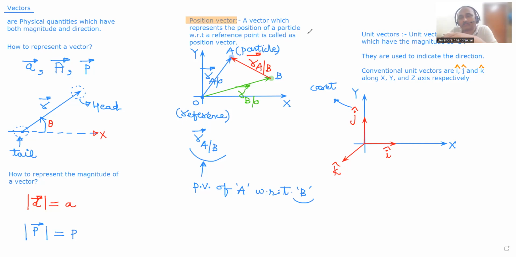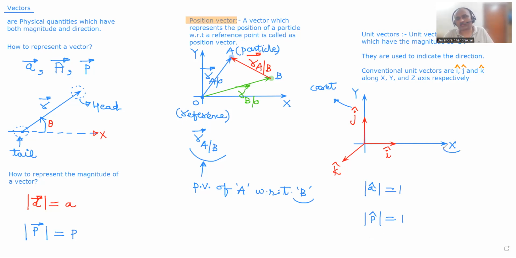Now, what happens is this has a unique identity that whenever we put this caret sign in I or J or K or any symbol, right? That means that it is a unit vector. For example, if I put it above A, so the magnitude of A is 1. If I put it above P caret or P cap, the magnitude is 1. Got it, all of you?